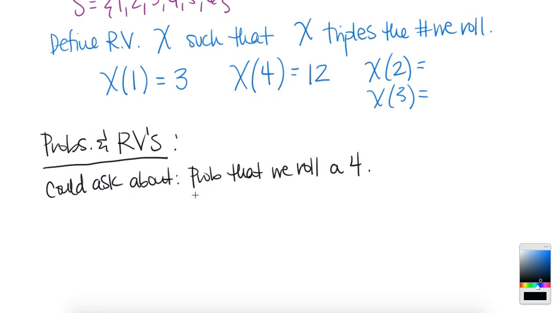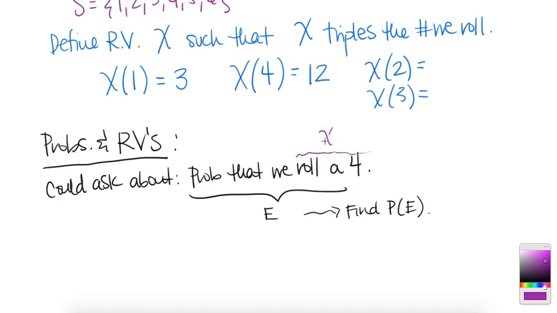And the way that we've done that is we say, okay, we're going to call that event E, and then we find the probability of E, right? So every event you have to introduce notation and then talk about probability of that notation. However, with random variables, the probability that we roll a 4, well, that's when x is equal to 12.